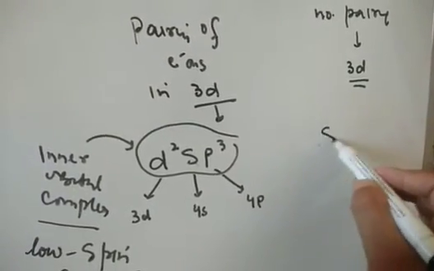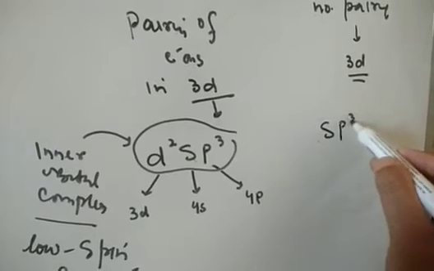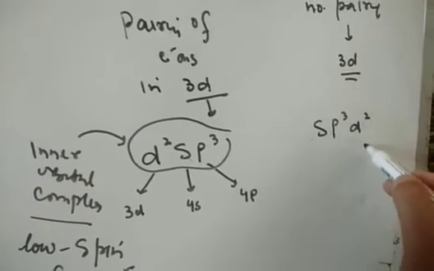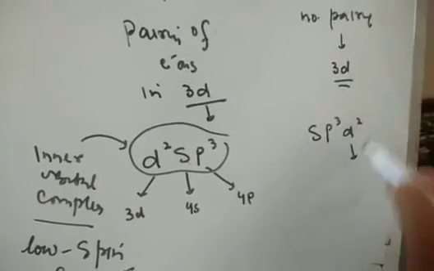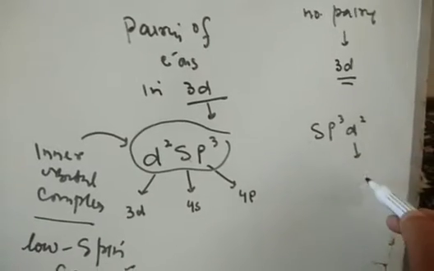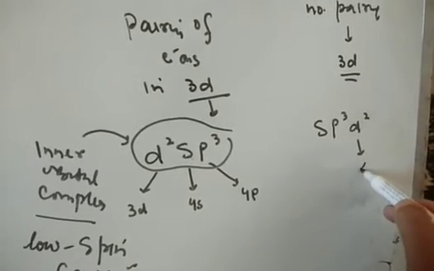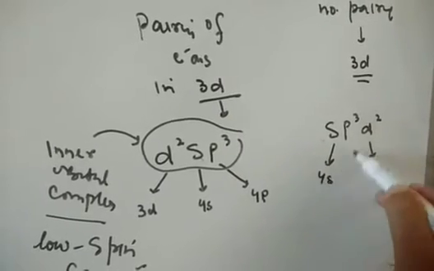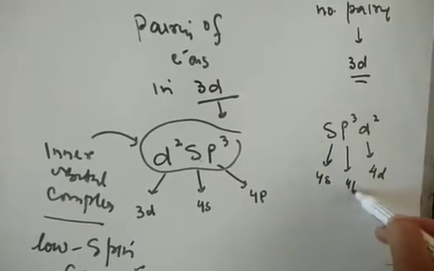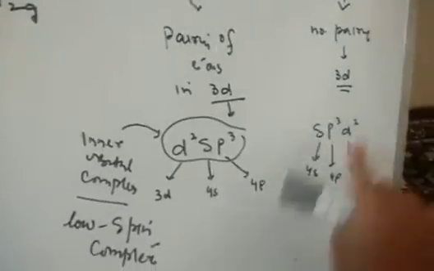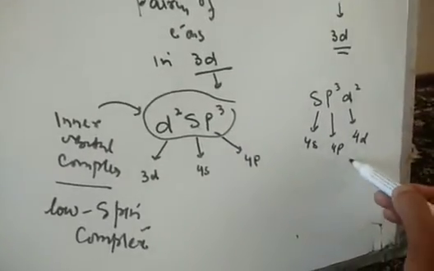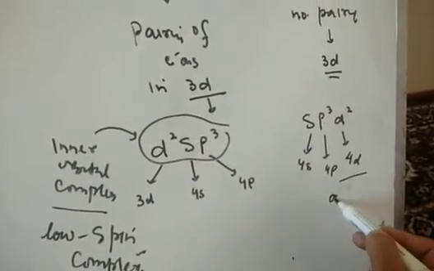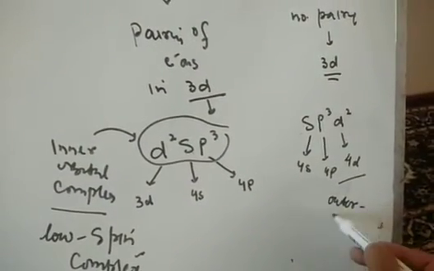So the hybridization is sp3d2, where the 2 d orbitals involved in bonding are 4d orbitals. This is 4s, this is 4p, and this is 4d. Since 4d is the outer orbital, this type of complex is called an outer orbital complex.